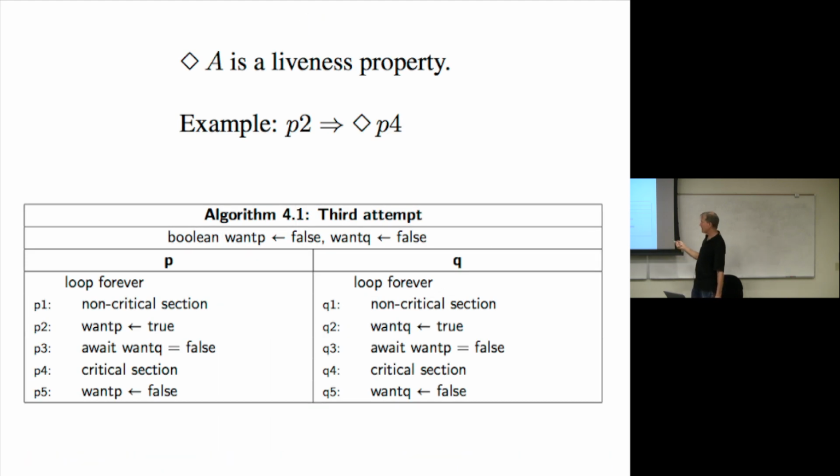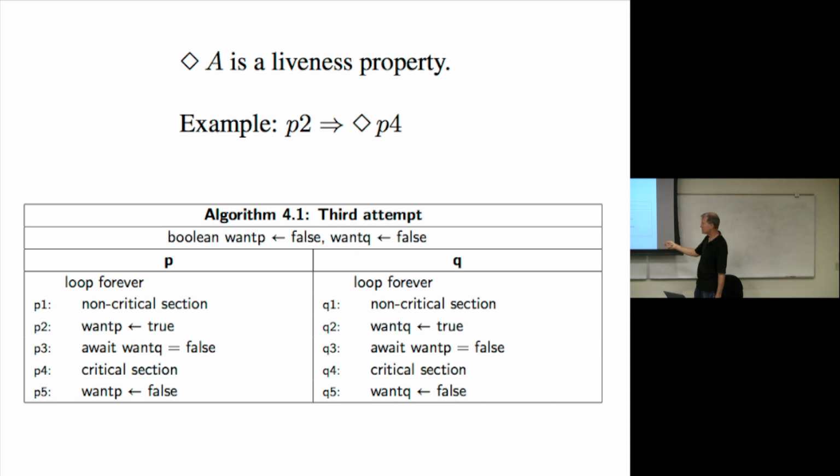Now look, you guys, eventually A is a liveness property. Right? Because it's desirable behavior. We want something to eventually happen. So what do we want? P2 implies eventually P4. So what does P2 mean? Here's an example of how we use this stuff. P2 is the statement that's going to execute next.